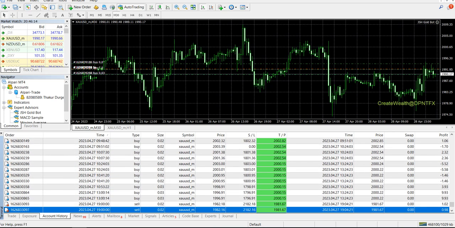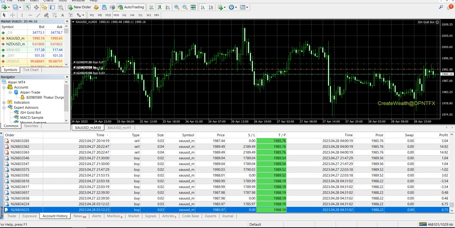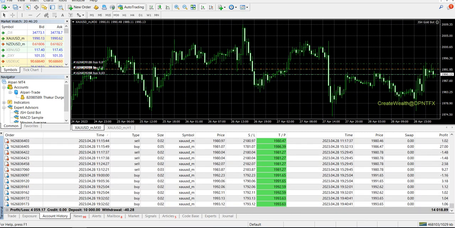So we need 2 digits after the decimal in gold. Here we are using 2 digits, as you can see. So we need only those brokers who have 2 digits after the decimal, and UTC+2.